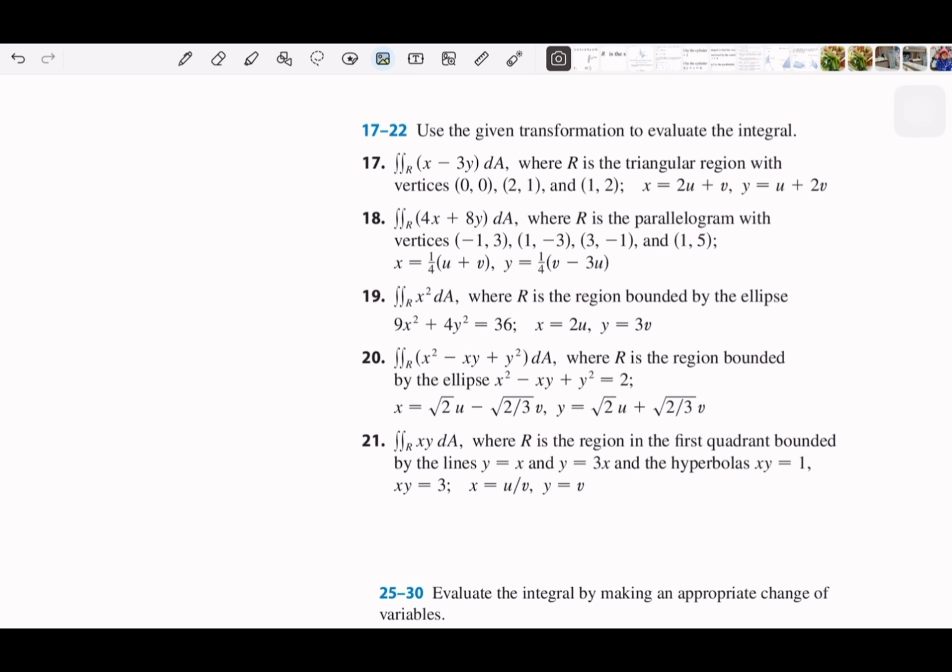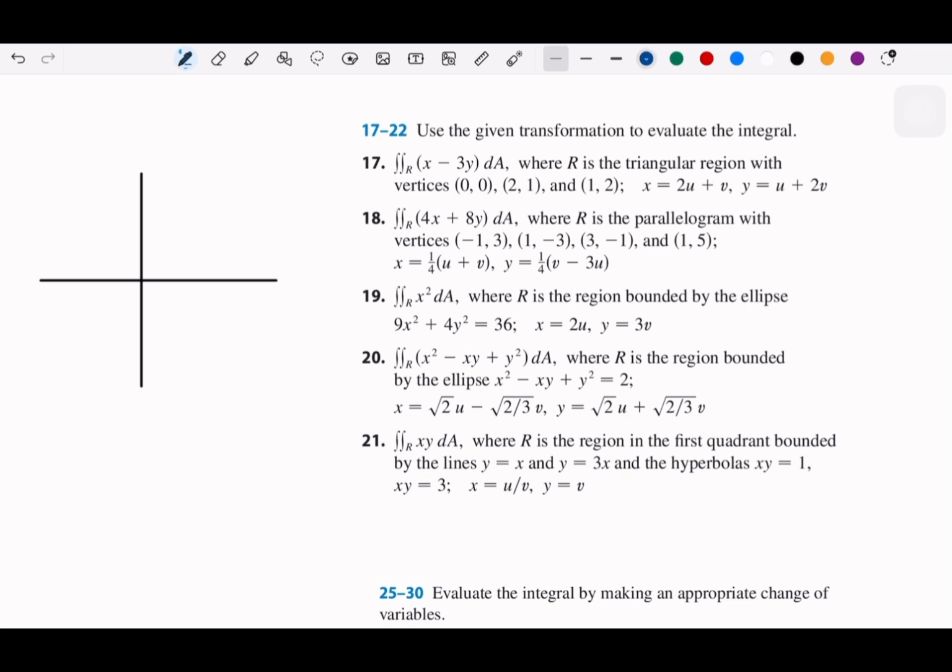Although it's not necessarily needed to draw, but if we want to draw, I think it's okay. We can perhaps observe what kind of region that we are getting.